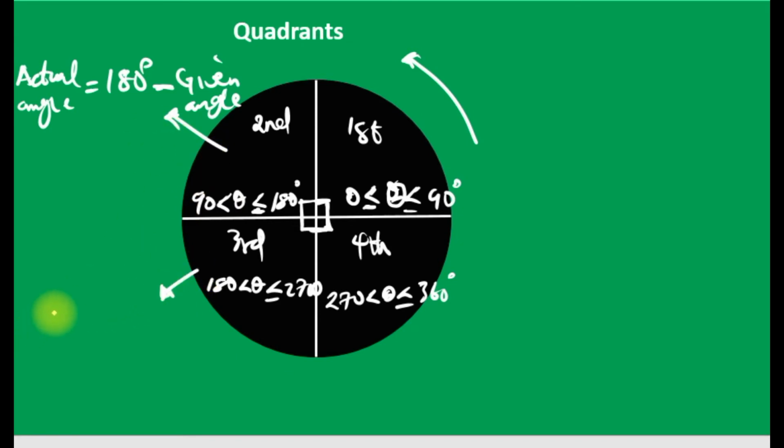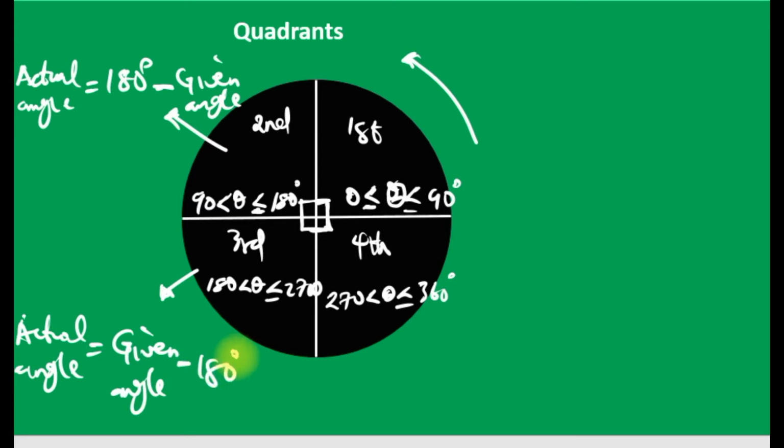In the third quadrant, the actual angle you are going to use is the given angle minus 180. How do you differentiate? In the second quadrant, the angle is less than 180, so you subtract it from 180, but in the third quadrant the angle is greater than 180, so you remove 180 from the given angle.